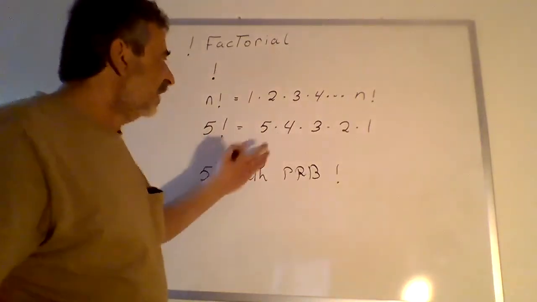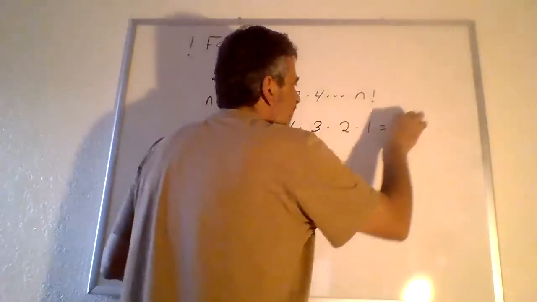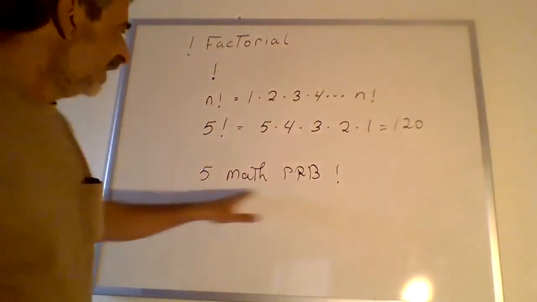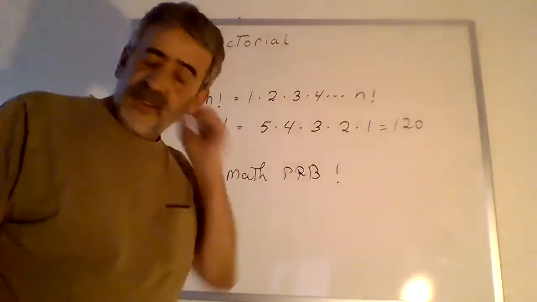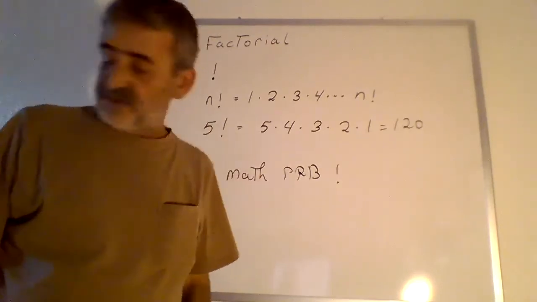So if I do that, that's going to be 20, 60, 120. So 5 factorial is equal to 120. So if you learn how to do that in the calculator, that will also help you a whole lot in doing some of the problems that you're looking at.